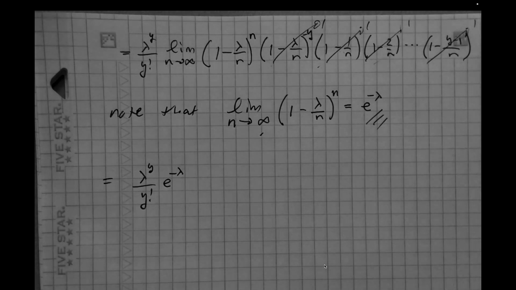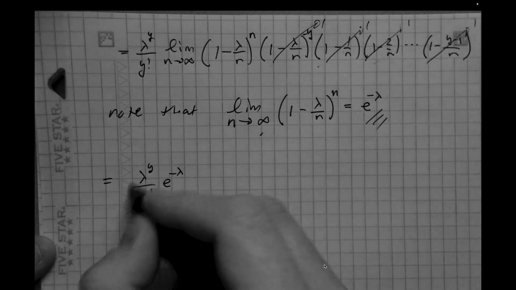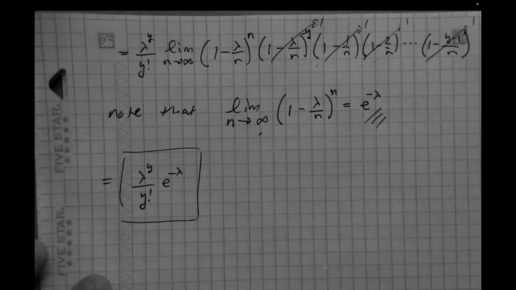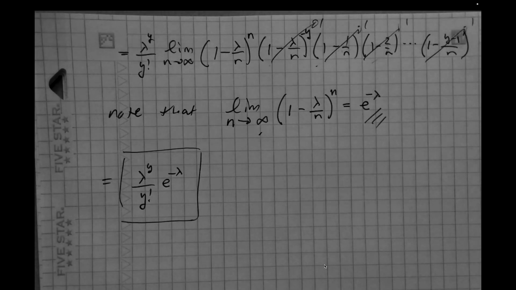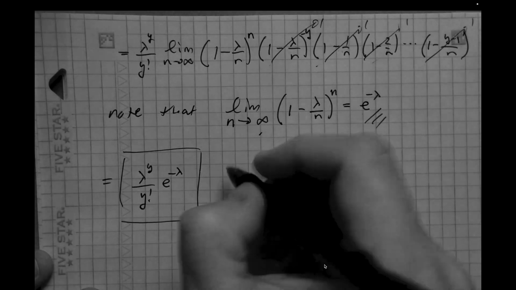Okay, and so this is the form of the probability distribution for a random variable y that has a Poisson distribution.